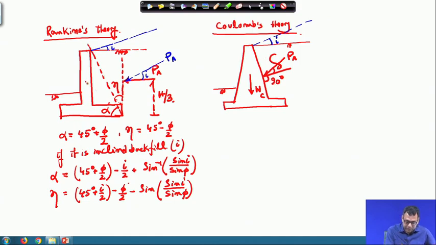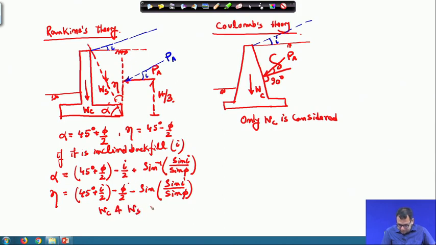But when you use the Rankine's theory, you use the weight of the concrete as well as the weight of the soil. Okay. So, here only WC is considered. Okay. Here the WC and WS both are considered.